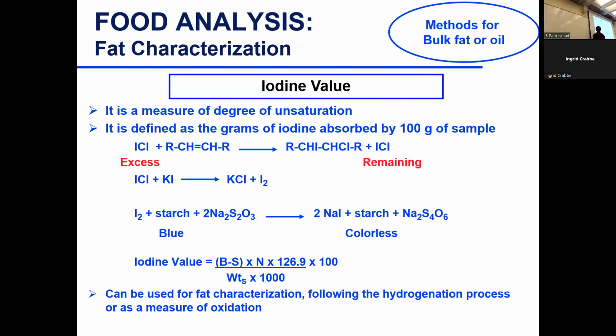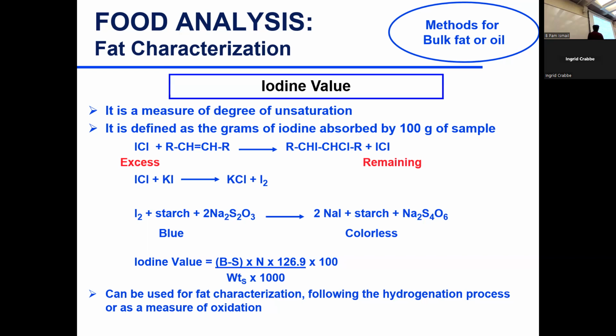So the more double bonds, the more reaction with ICl, and the less ICl you have left to react with potassium iodide. This reaction gives you iodine. In that, you will add a starch as an indicator. Iodine and starch will give you a blue color. Then you would titrate with sodium thiosulfate to a clear color.